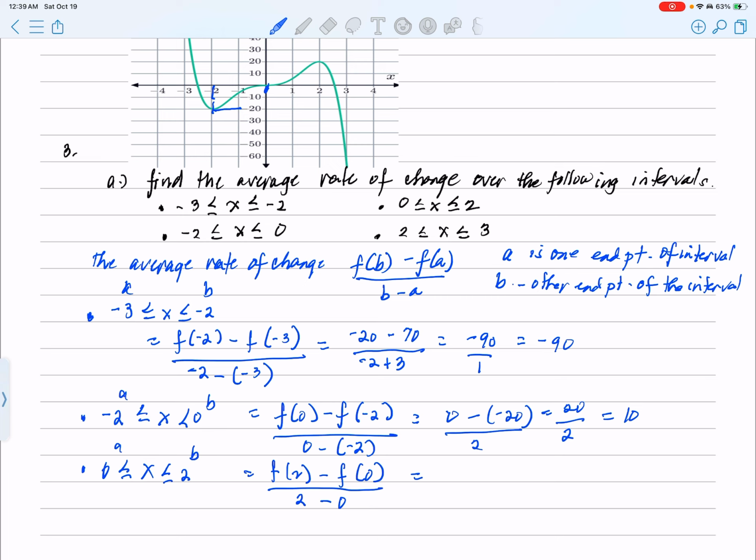Function of 2 is 20, right here. So 20 minus 0, over 2 minus 0. So 20 over 2, that is 10.